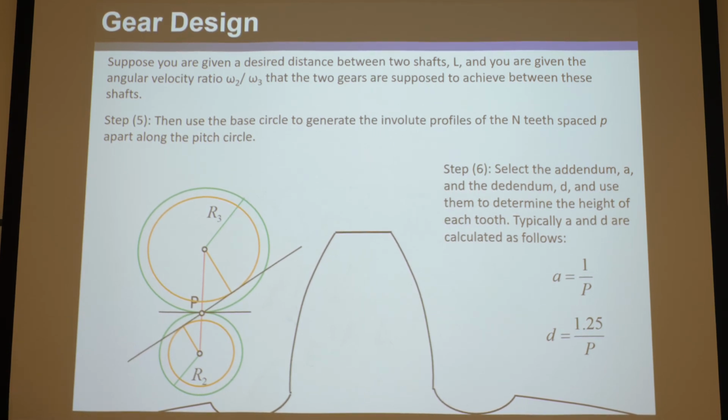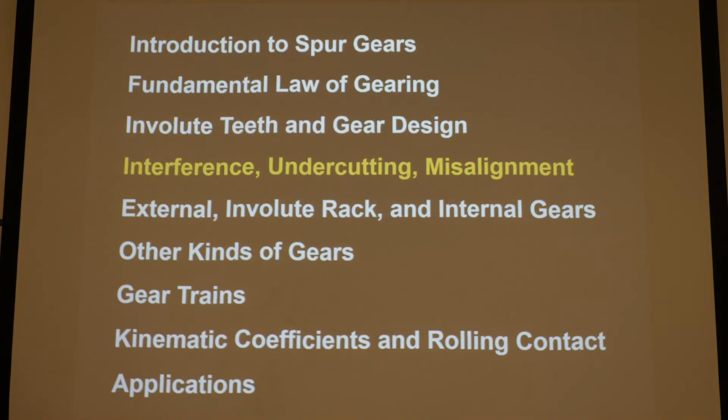That's usually a good rule of thumb if you're designing gears. So it's not just totally arbitrary, and that will usually give nice clearance so the teeth don't collide in any bad way. Okay, so that's how you do gear teeth design, or just gear design.